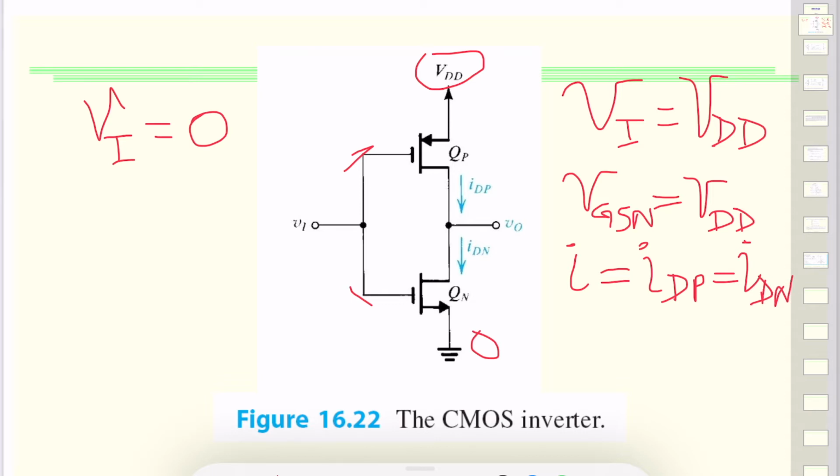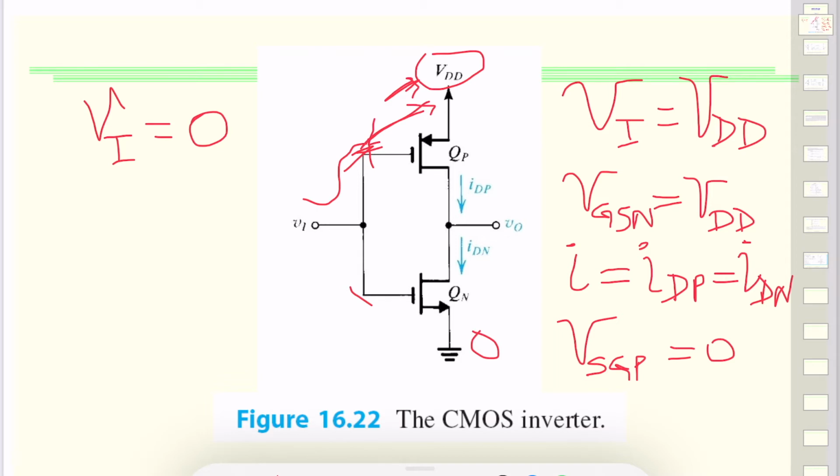Now in this case, the voltage between the source and gate of QP, which you can write as VSGP, is 0, because VDD is applied here at the input and VDD is the power supply. So the differential between these two is 0.